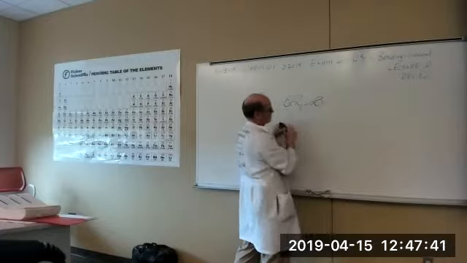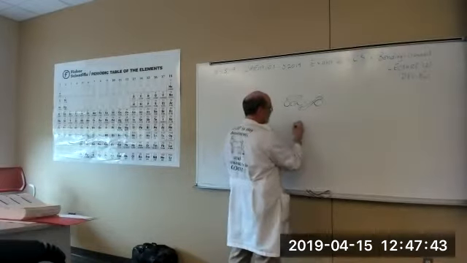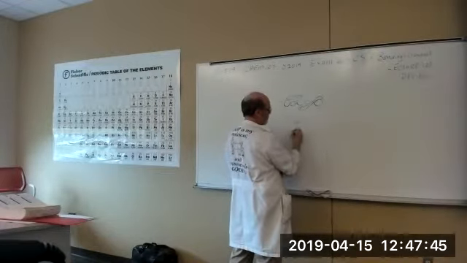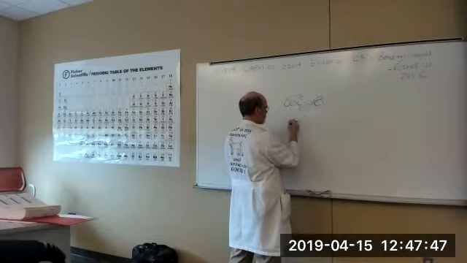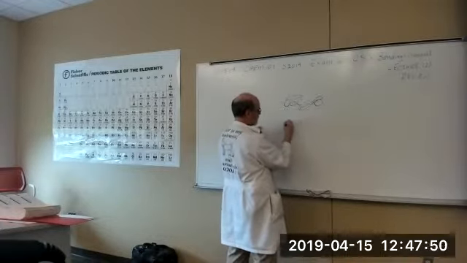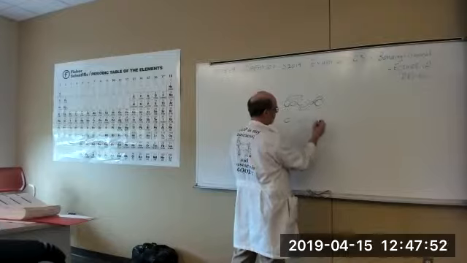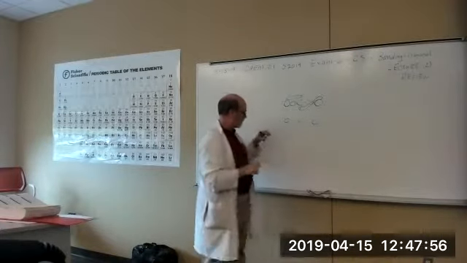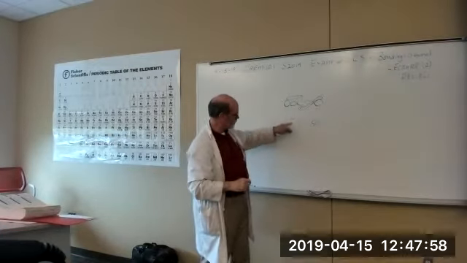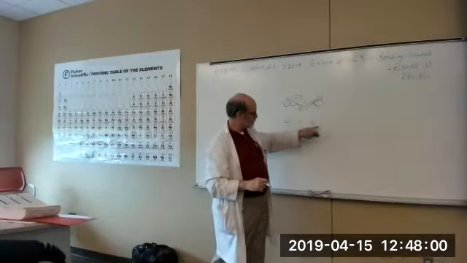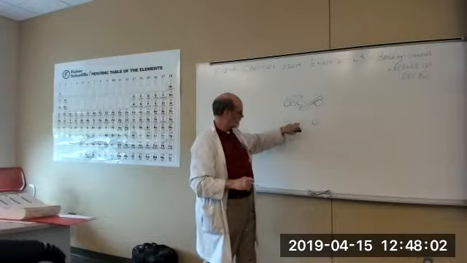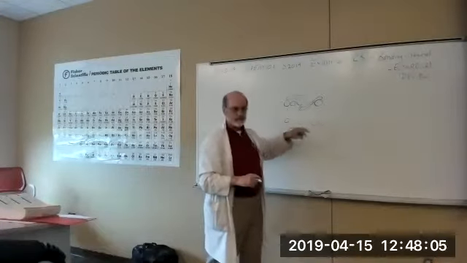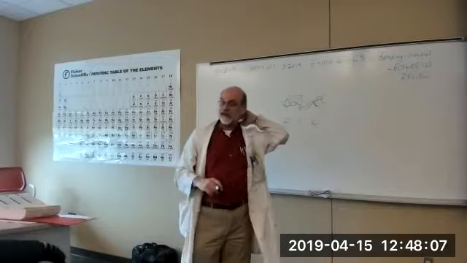Okay. So now, let me clean that up. We've got these 2 pairs here, these 2 pairs here, and then we've got that and that. So this oxygen thinks 2, 4, 6, 8. That one thinks 2, 4, 6, 8. This carbon thinks 2, 4, 6, 8. Everybody thinks it has an octet.